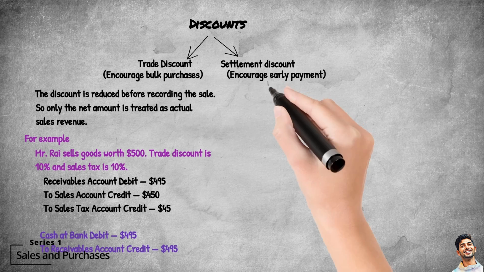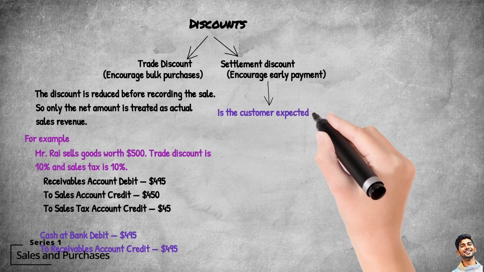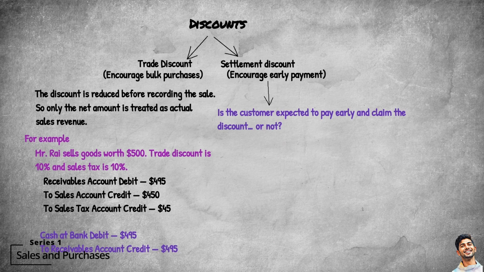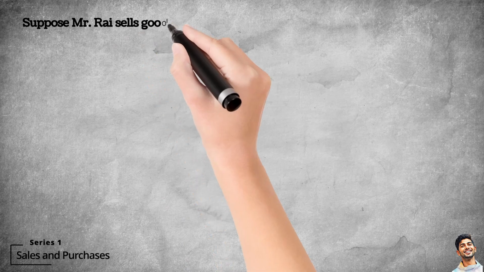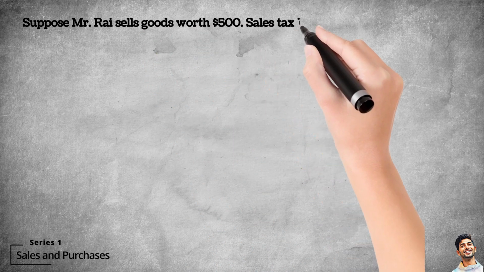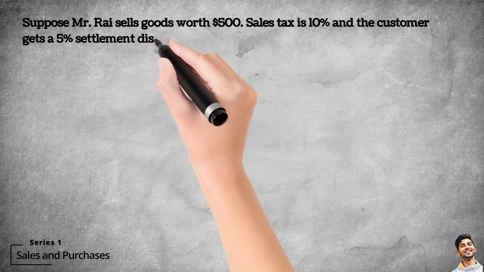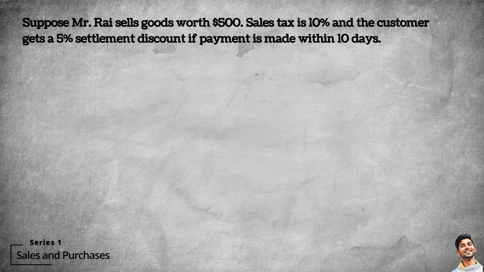This depends on one important question. Is the customer expected to pay earlier and claim the discount or not? Let's understand this with an example. Suppose Mr. Rai sells goods worth $500, sales tax is 10% and the customer gets a 5% settlement discount if payment is made within 10 days.